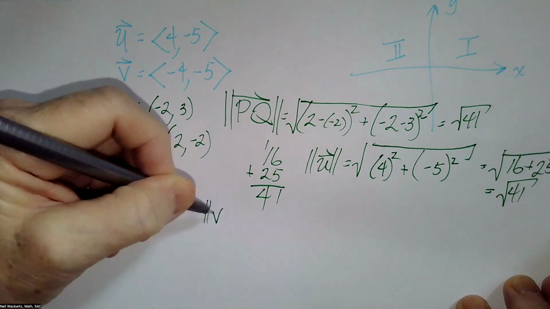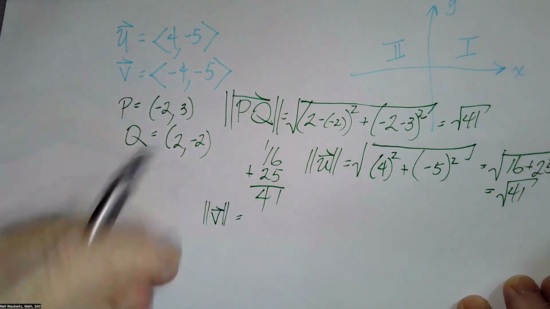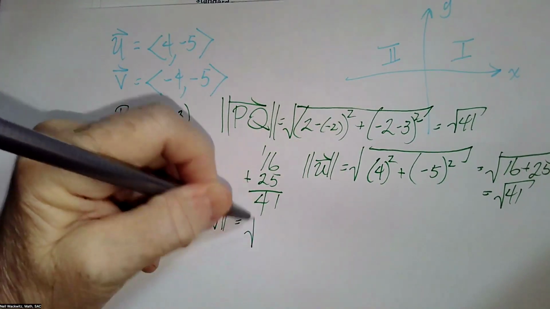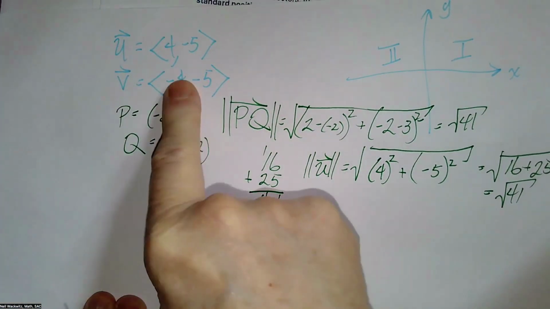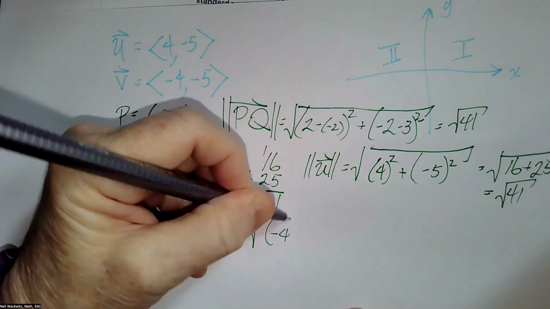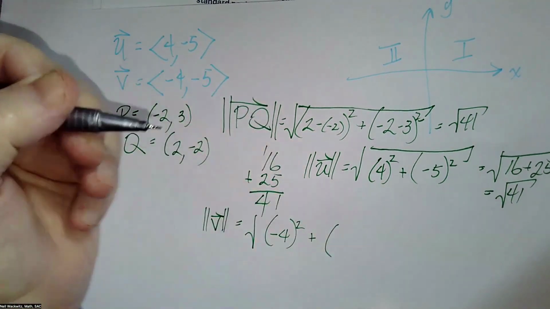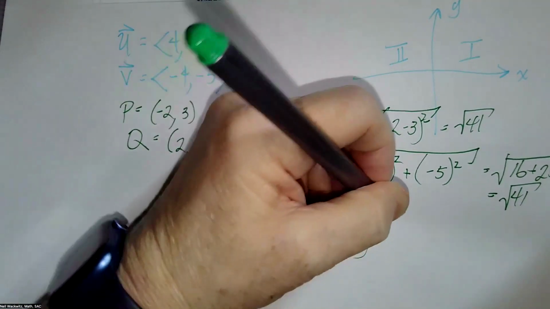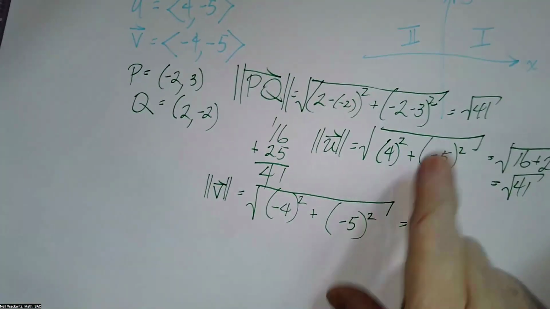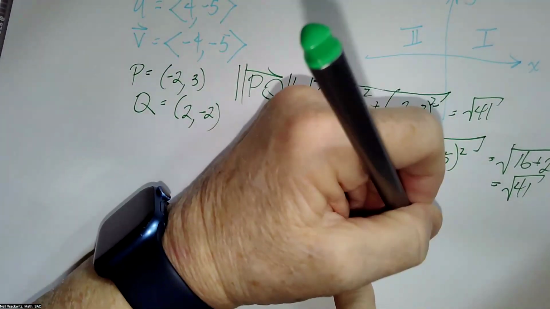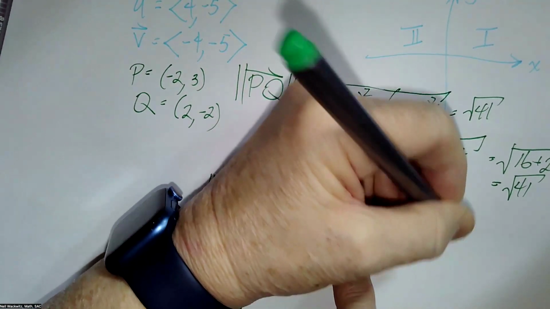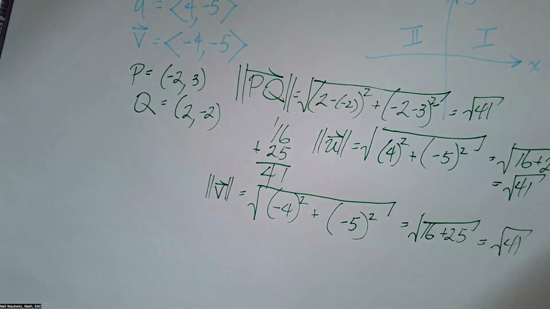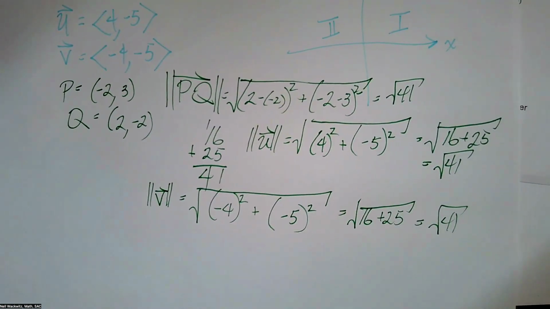And finally, the magnitude of v is -4 squared plus -5 squared, and we'll get the same two numbers, 16 plus 25. So all three have the same magnitude.